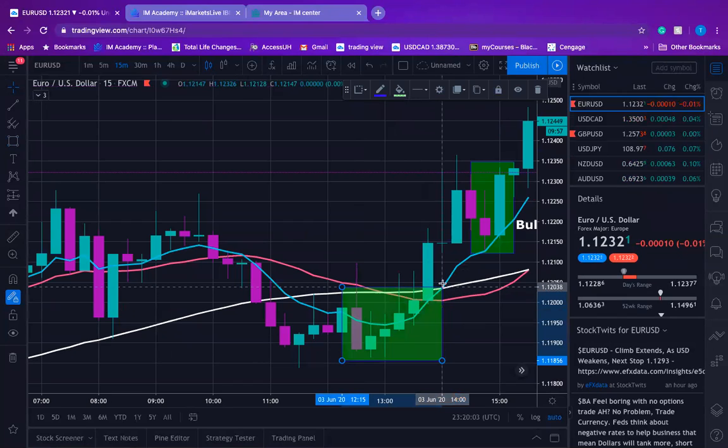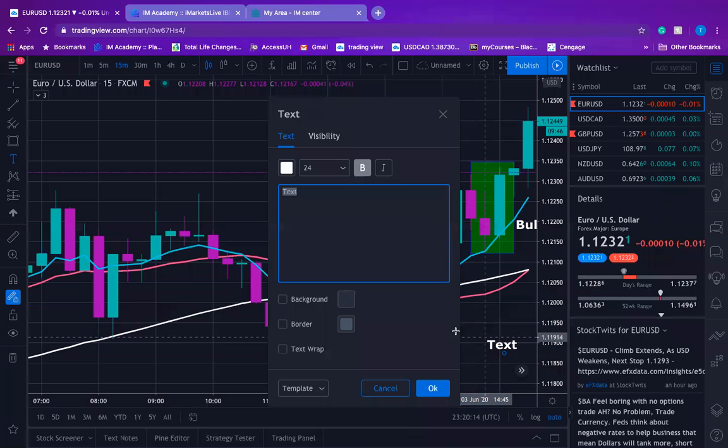What would you call this candle? Yep, this will be your bullish variation. It looks a little bit funky. This is your second entry for a buy, so we'll do buy 2. Out of the 4, we found 2 for our buys.